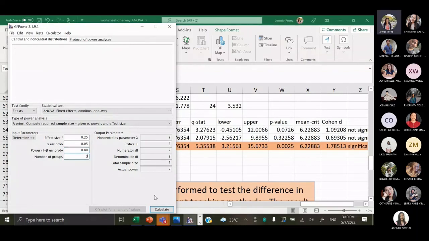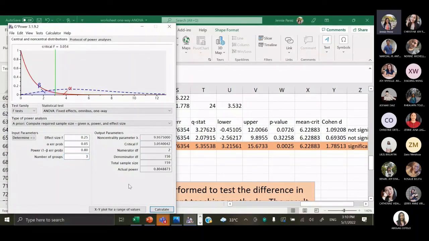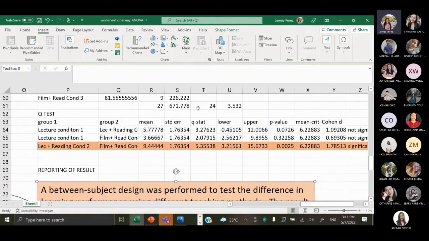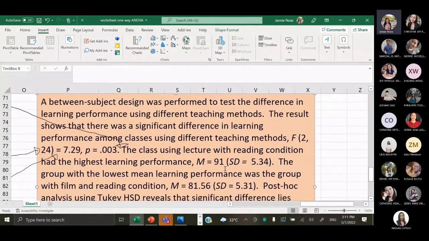You have 3 groups, kunwari. So you calculate. So overall, you would need 159 respondents. And if you divide that by 3, you would need at least 53 respondents per group. So that is your G power, determining your number of samples using G power for a one-way analysis of variance.